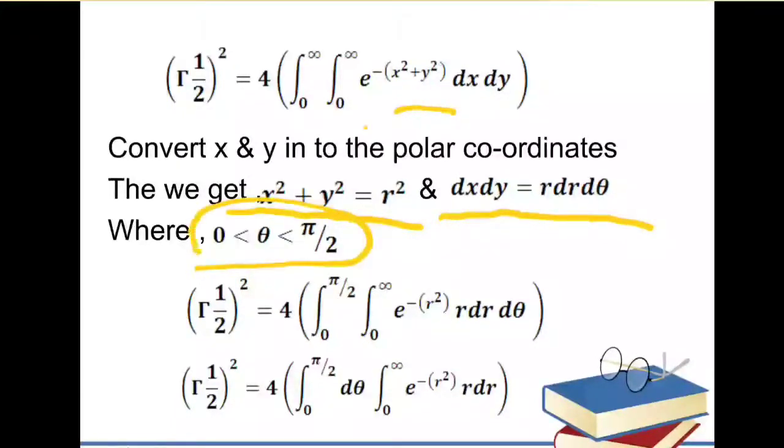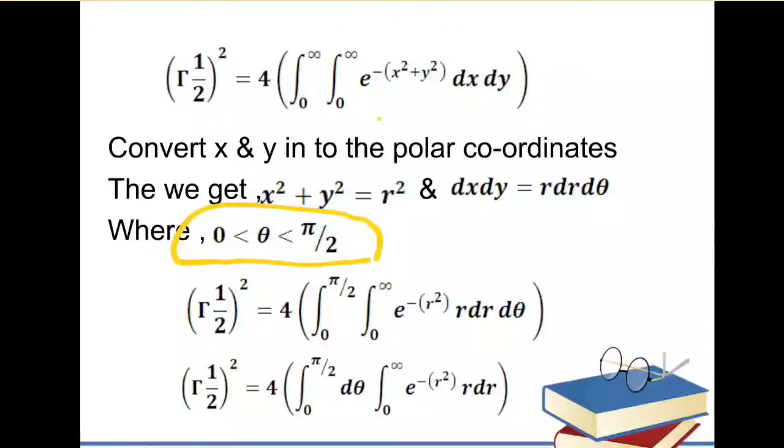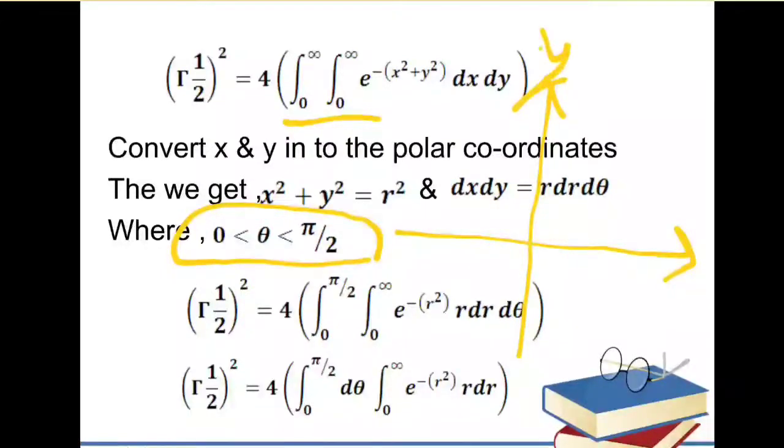How to get this value? How to get the limit of theta, 0 to pi by 2? This limit comes using multiple integration. See here, corresponding to the given Cartesian coordinates, the limit of x is 0 to infinity, the limit of y is 0 to infinity. If you draw the diagram corresponding to this, then it is x-axis, y-axis. Here x equals 0 represents the y-axis, and y equals 0 is the x-axis. Next is x equals infinity.